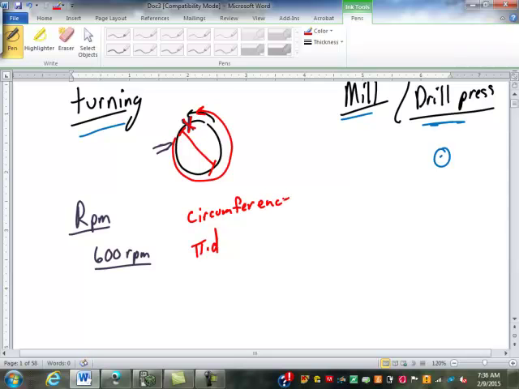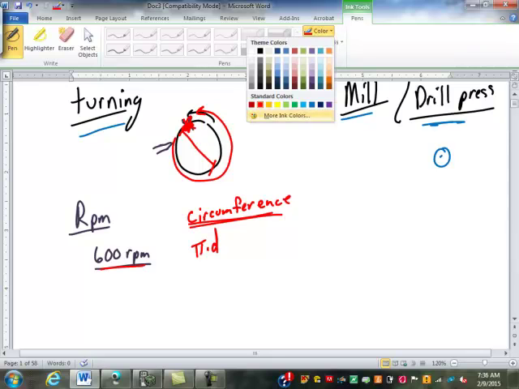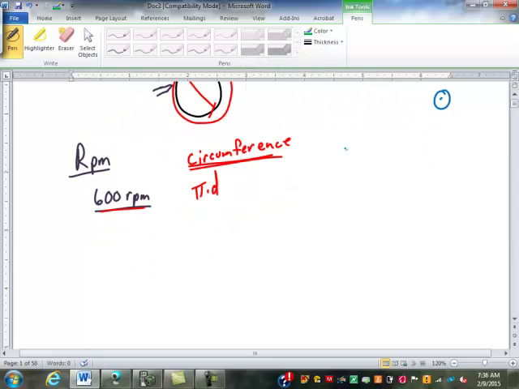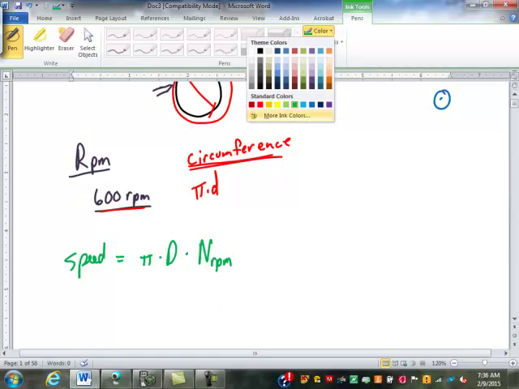So those are the two factors that determine how fast that point is moving: the RPM and the circumference of that round piece. And again, circumference you can just consider to be pi times the diameter. So the speed at which that is moving is pi times the diameter times N, where N represents the RPM. One problem here, though.